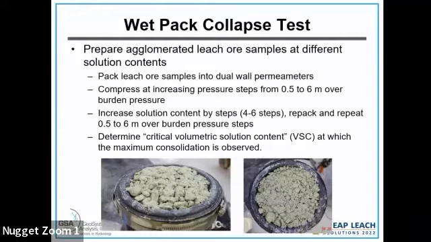To finish that, we record how much the bulk density increased due to the compression. And then we increase the water content by 1-2%, and then we pack again through the same process. We repeat about 5 to 6 cycles until we find a major collapse. At a target water content, we define that water content as the critical solution content.